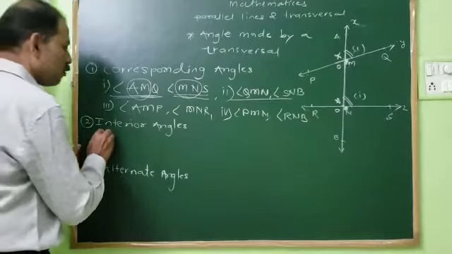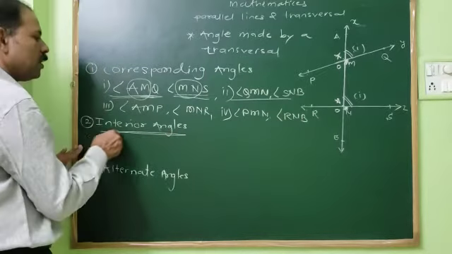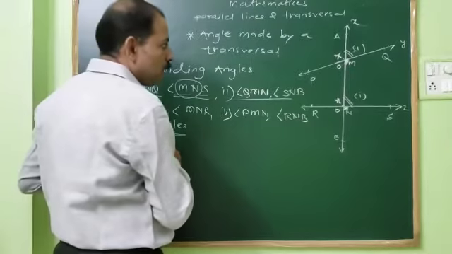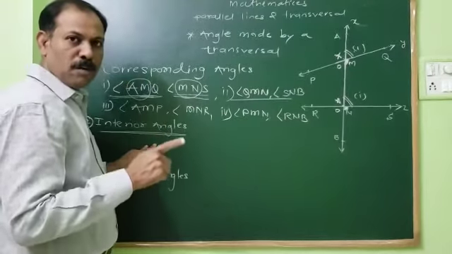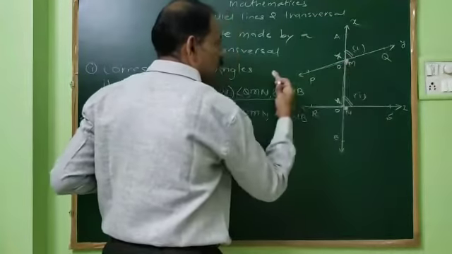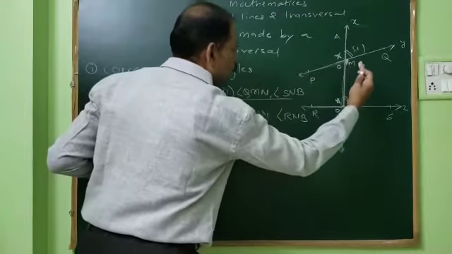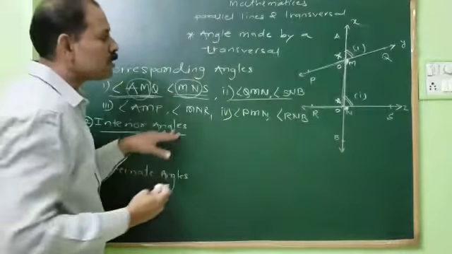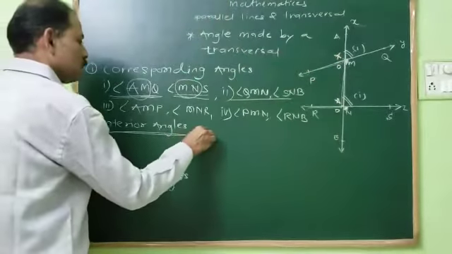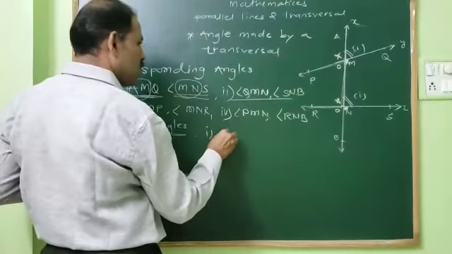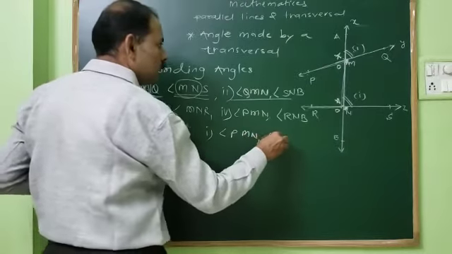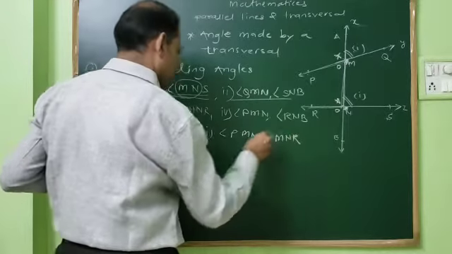Now the second group of pairs of angles is interior angles. It can be defined as a pair of angles which are on the same side of the transversal and inside the lines. That means the first pair of interior angles is angle PMN, and its pair is MNR.